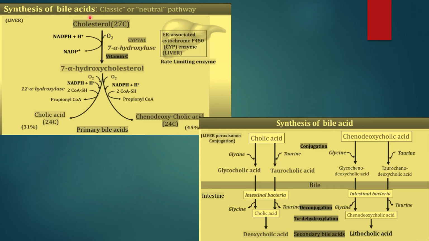Then, synthesis of bile acids. How does it happen? There are two types of bile acids: primary and secondary. The endoplasmic reticulum associated cytochrome P450 enzymes are involved in the synthesis of bile acids. Here you can see cholesterol in the presence of NADPH, and the enzyme 7 alpha hydroxylase in the presence of vitamin C; cytochrome P7A1 is responsible for the synthesis of bile acids.